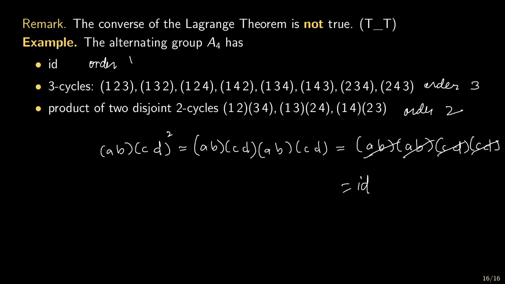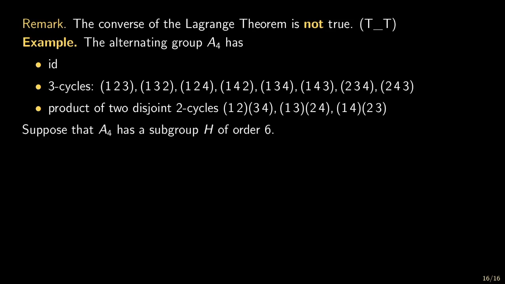Now, we claim that A4 cannot have a subgroup of order 6. To prove that, we will do it by contradiction. Suppose A4 has a subgroup H of order 6.